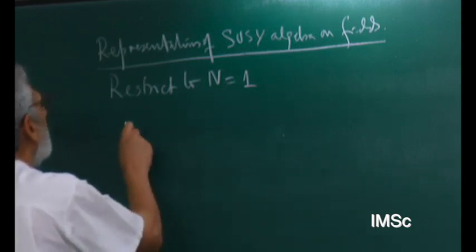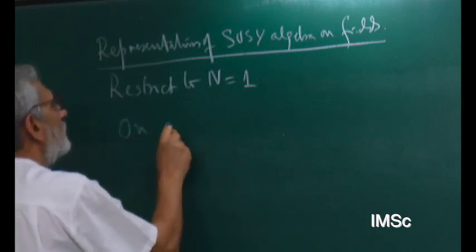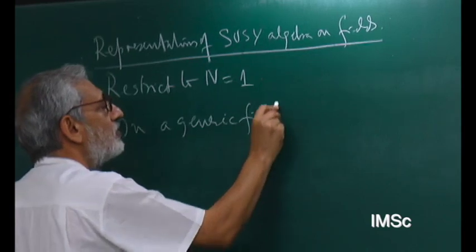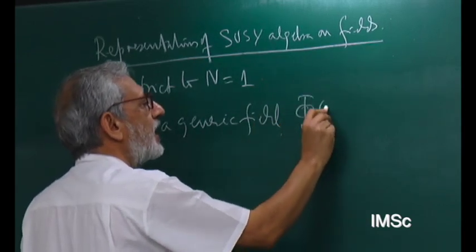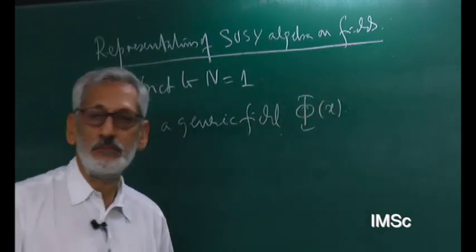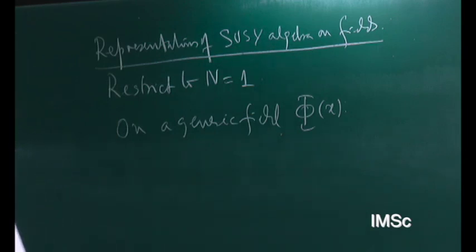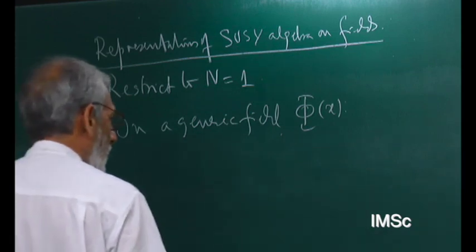On a generic field, let's call it capital phi of x, it could be a scalar, fermion field, or a vector field. How would the SUSY act?